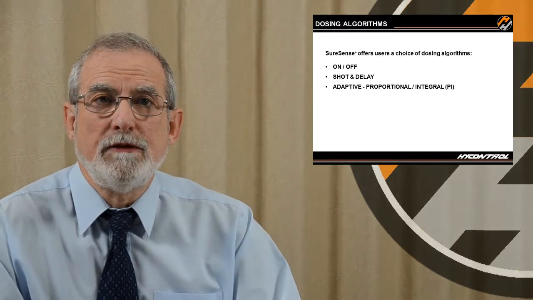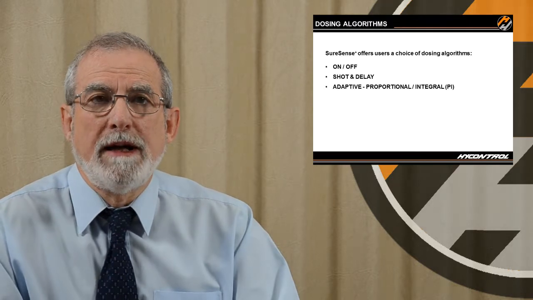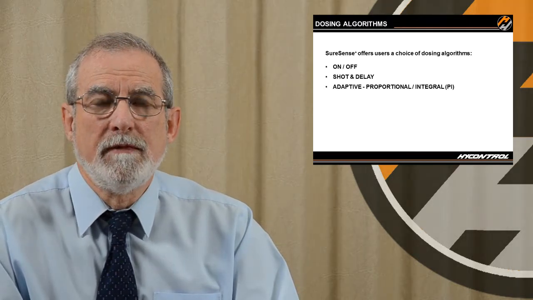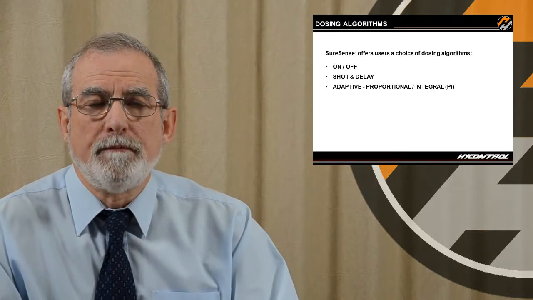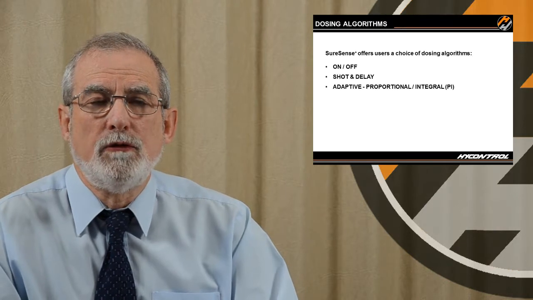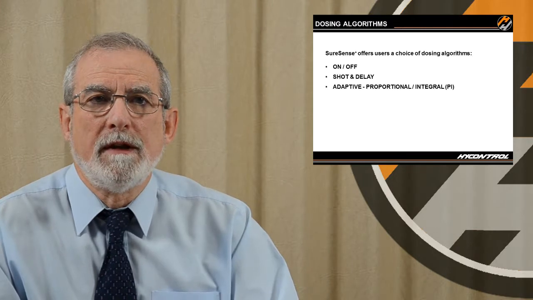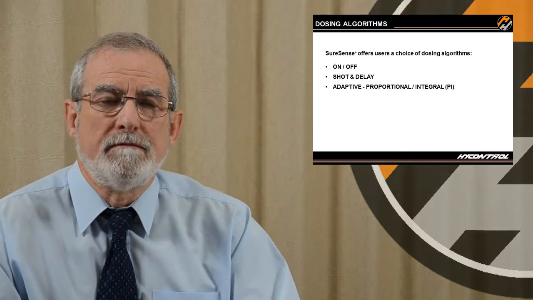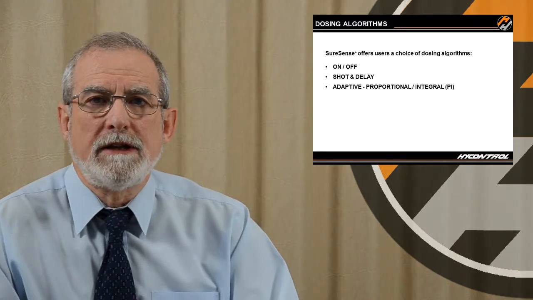That's added to an integral. Integral is effectively a ramping up with time while there is an error there. So all the time that the error is there, the integral term will ramp up the proportional term to give a larger response. And we've included these two and added them together.